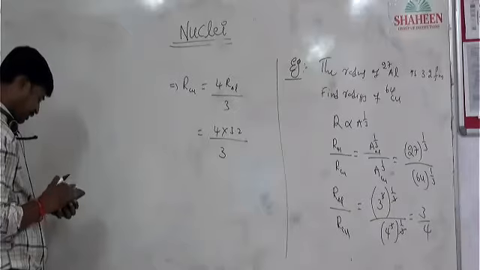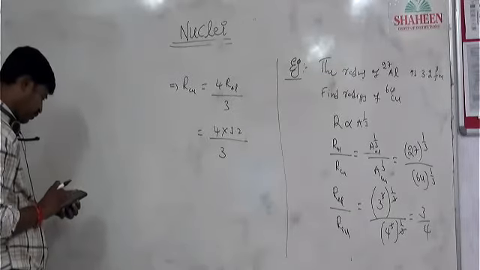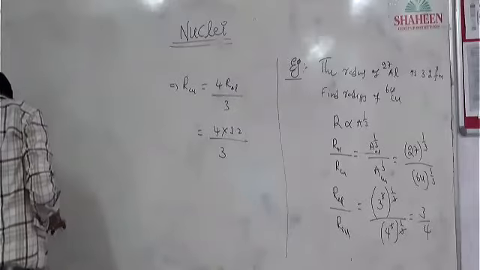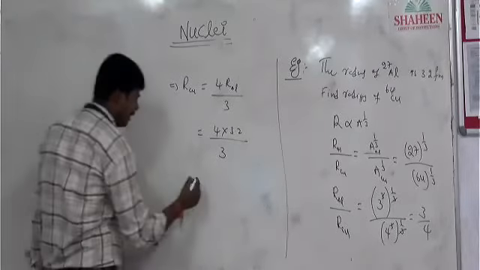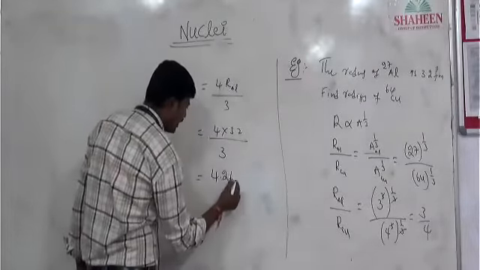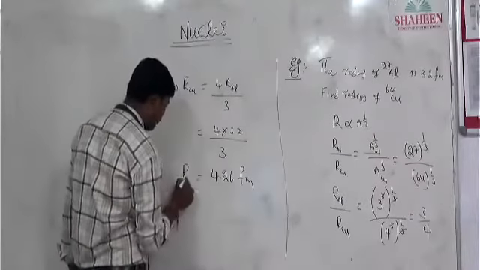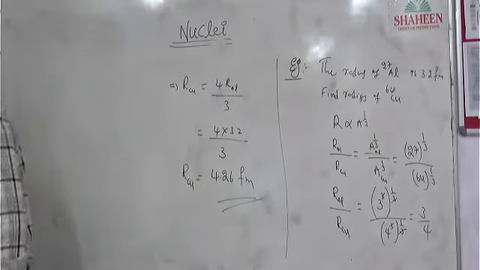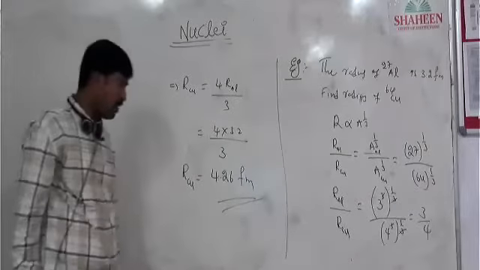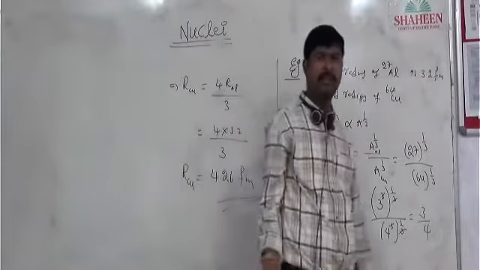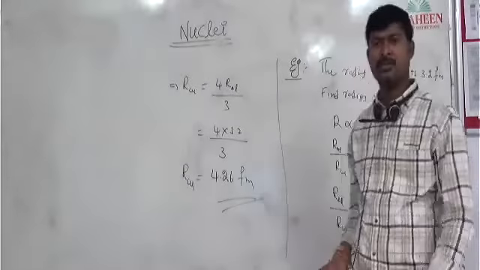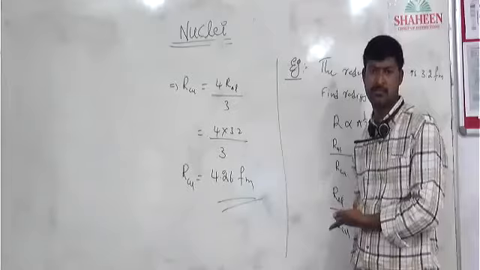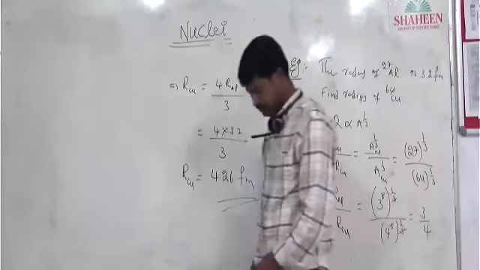So 4 into 3.2 is 12.8 by 3, which is nearly 4.26. So nearly it is 4.26 Fermi meter, the radius of copper. Understood, na? Process you understood. The radius of aluminum they gave, the radius of copper they want to calculate. For that, first of all, we calculate the ratio of radius, then automatically we will get it. Clear?